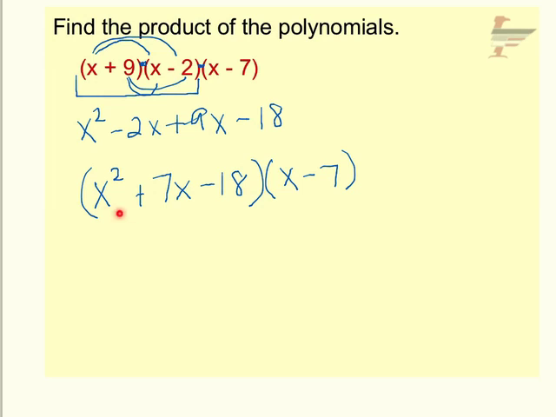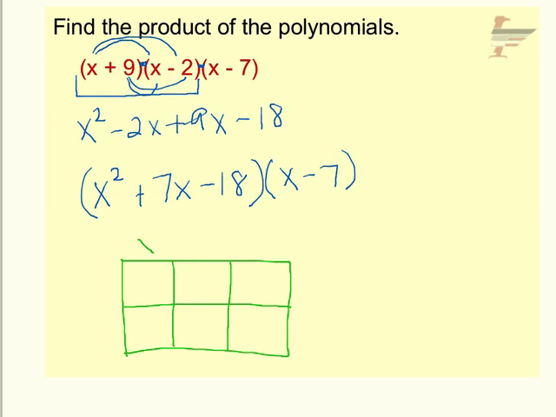Now that I have a trinomial involved, I personally am going to the box method because that works better for me and how I organize my work. You can put the trinomial across the top or on the side, it doesn't matter, but this will be your x squared, your 7x, and your negative 18. Here's your x and your negative 7 from the binomial over there.